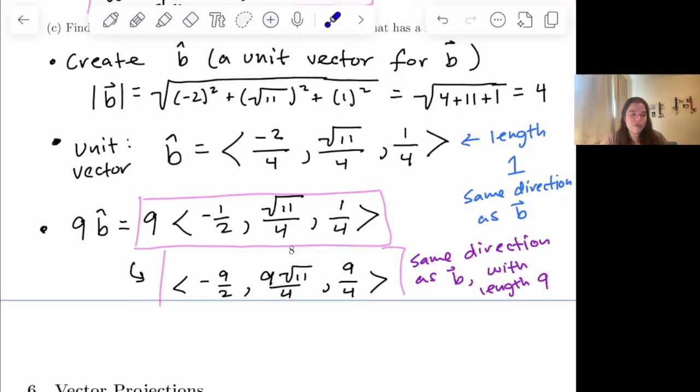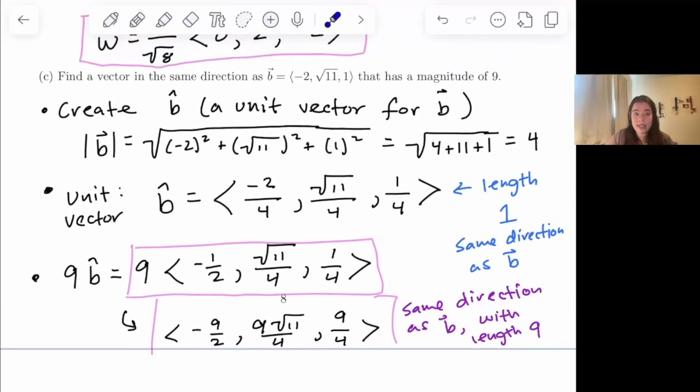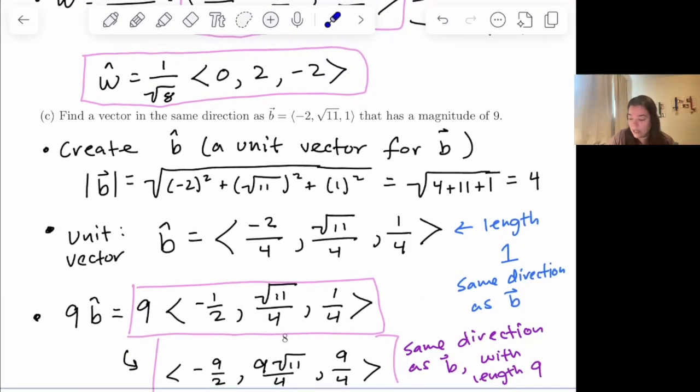Go through the process to find its magnitude using your magnitude formula, and you will find that it has length 9. Another thing to do also to help your understanding is find a 3D grapher online, graph this vector, also graph the original vector. Notice they will point in the same direction, but one of them will have length 9 and one of them will have length 4.